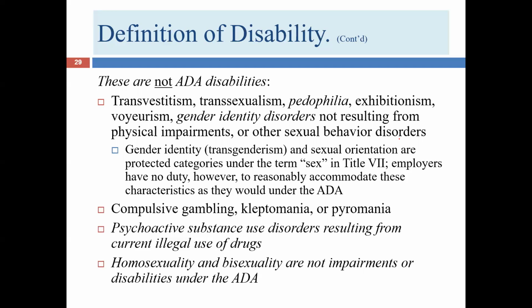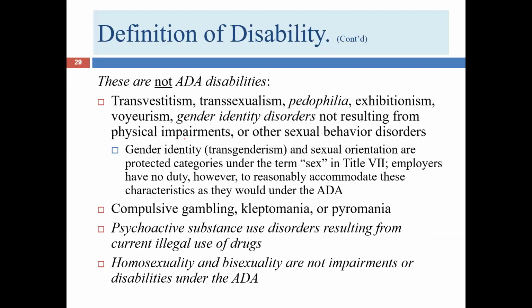So a person who is intersex, meaning that he or she has ambiguous genitalia, that person would be covered as a disability and would not be considered to have a gender identity disorder not resulting from physical impairments, because in that situation, there is a physical impairment that is at the heart of that particular condition.